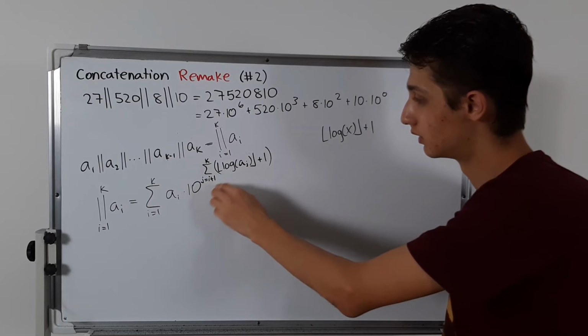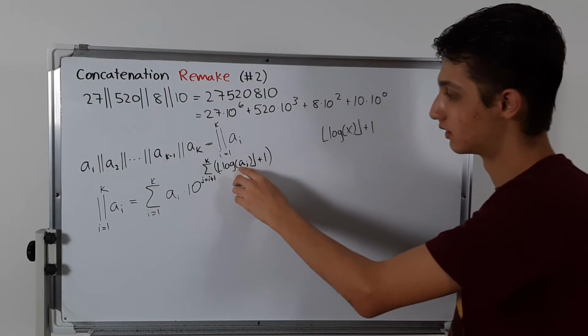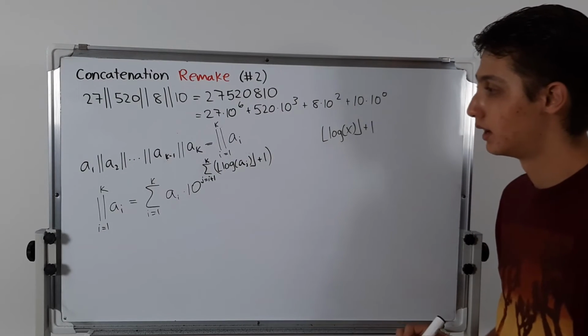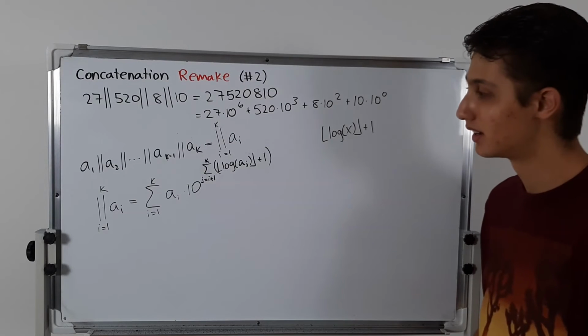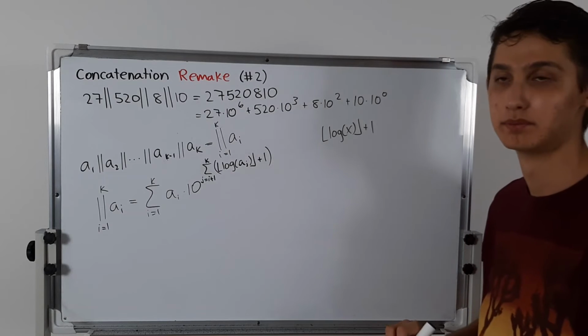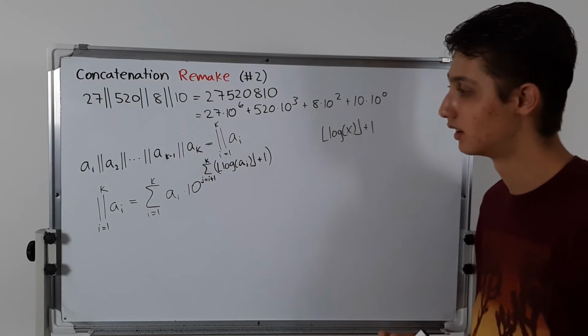You could just keep this as i equals 1 to k, and say this is a sub i plus 1. It's up to you. But I don't really like this formula, because this is a sum inside of another sum. Fortunately, there is a nicer way to put this.